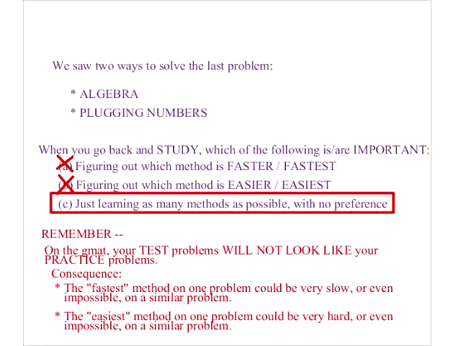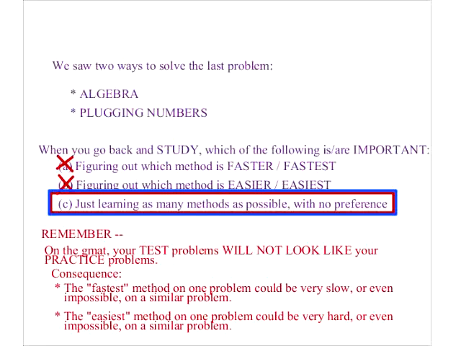And the more combinatorial ways to do it are harder, and that's why they're shorter. So that's not really a true statement. But this is huge, because this should be the entire point of your quant studying. You should never really think about ranking the methods or trying to make a preference.